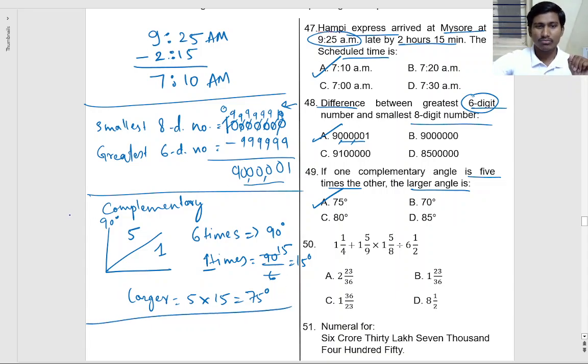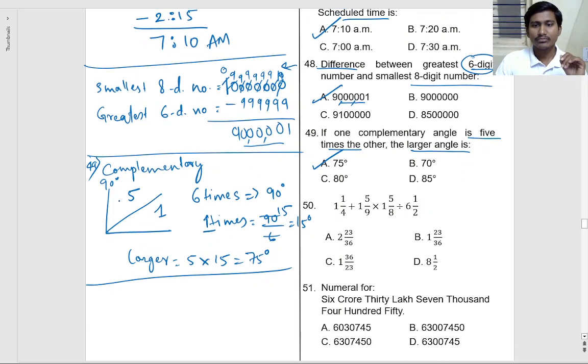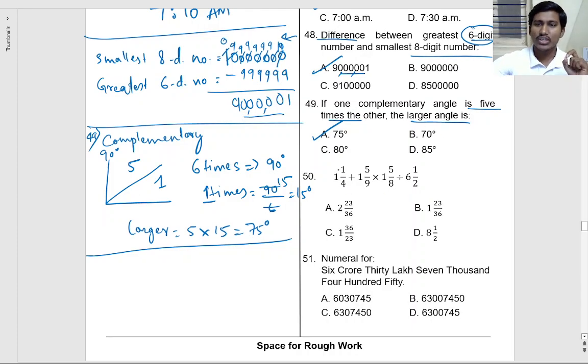Okay, so that is the 49th question. Next, let us do the 50th question. I will do it here, near the question. So 1 and 1 by 4 means how much?